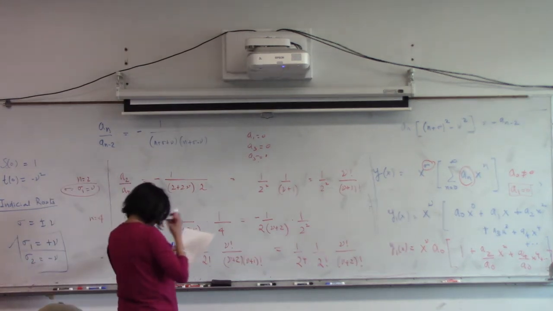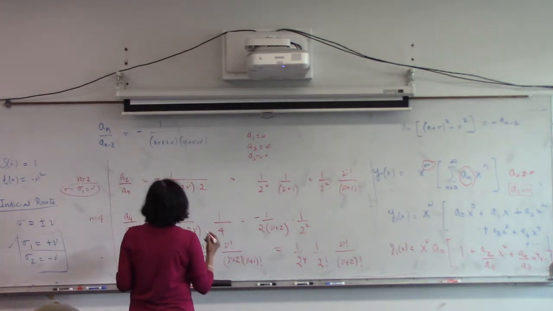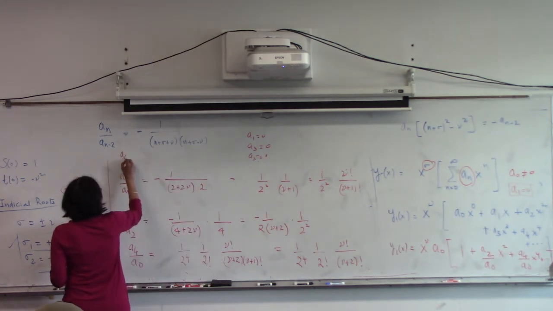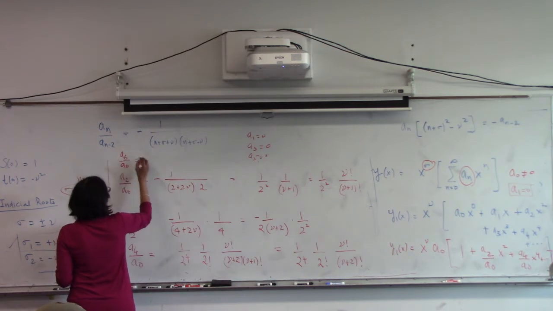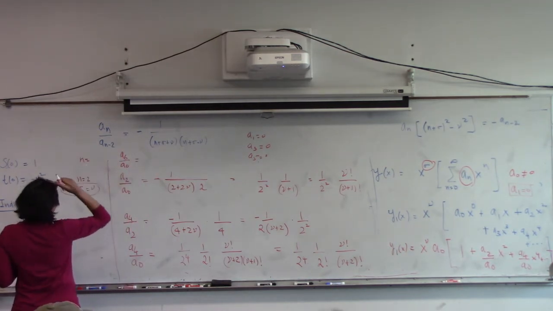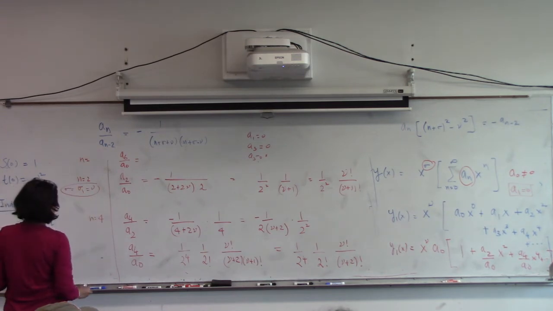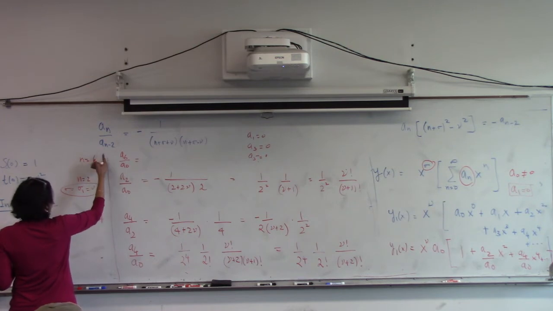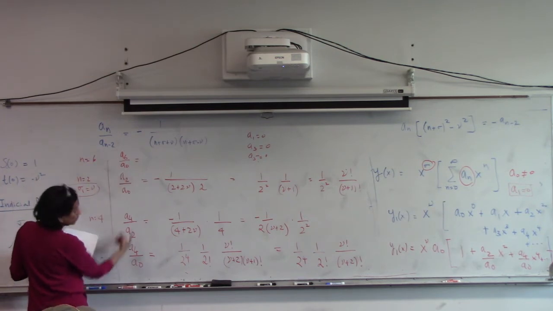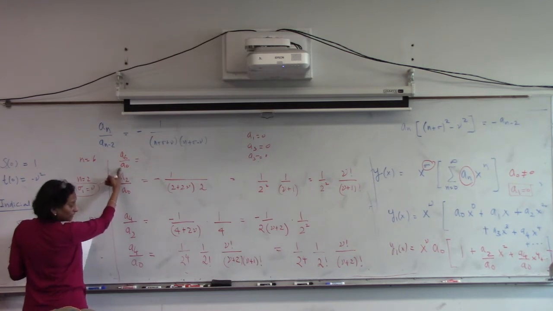So I'm going to write one more term and then we'll predict the general term. Similarly A6 over A0, so to do the same process, what you have to put is n equal to 6, and you get A6 over A4, and A4 over A0 is already calculated, so you can calculate A6 over A0.